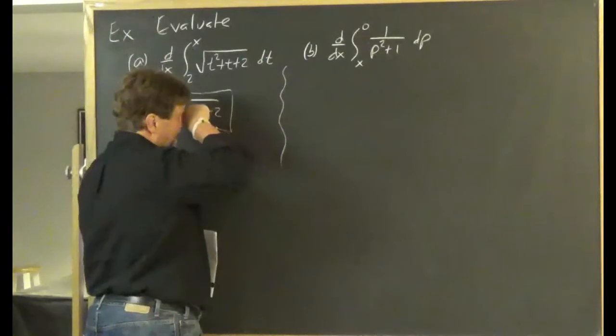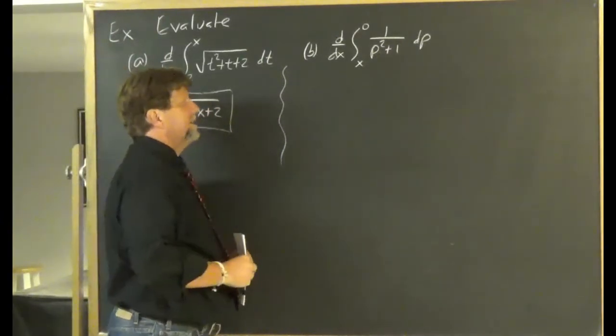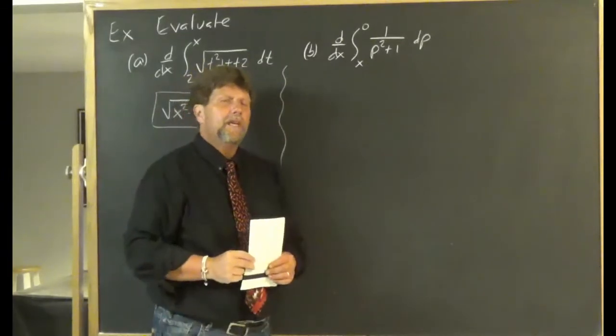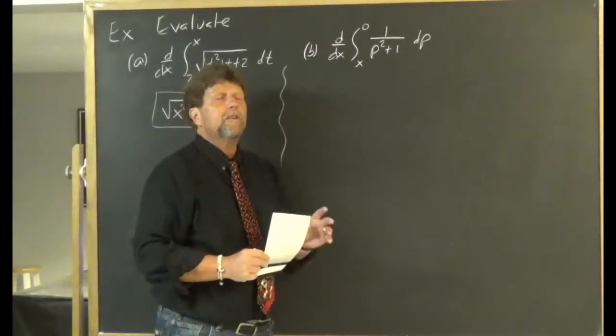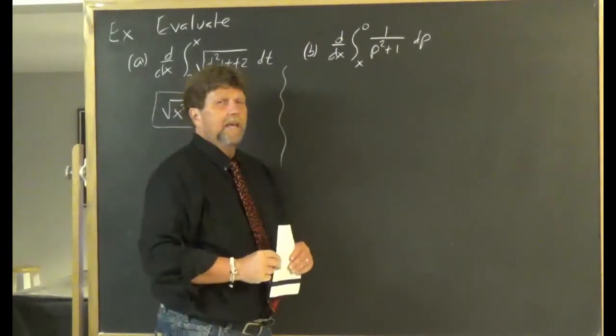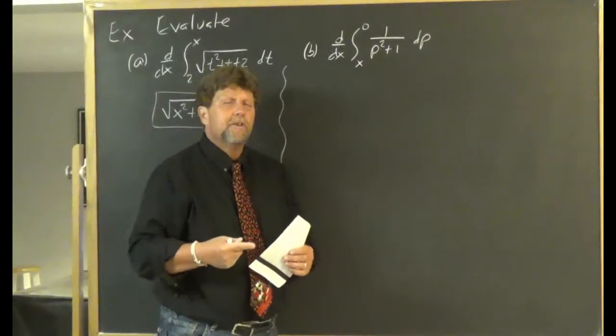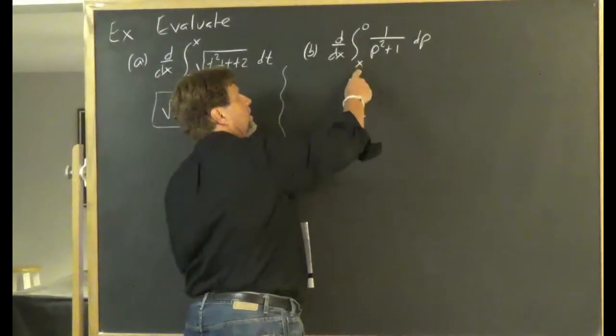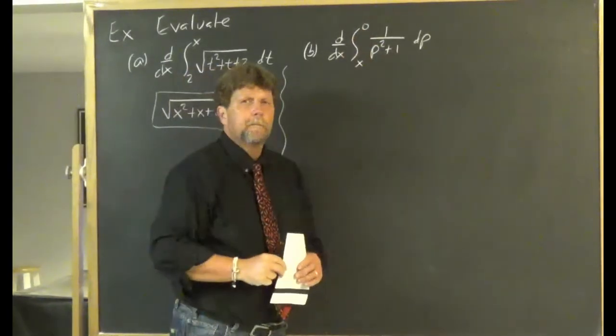Part B, differentiate with respect to x the integral from x to 0 of 1 over p squared plus 1 dp. The first thing I have to do is flip those limits.